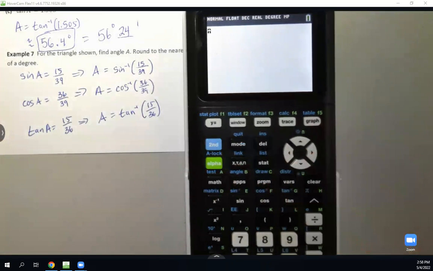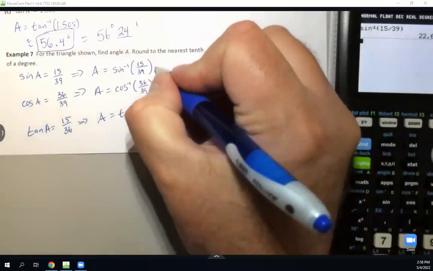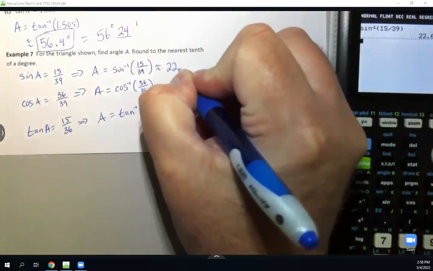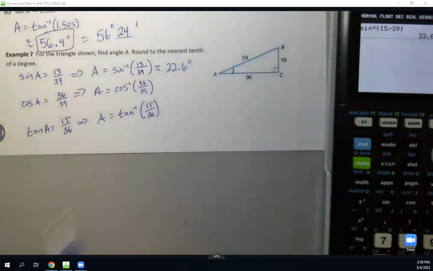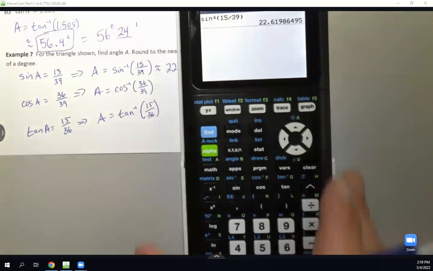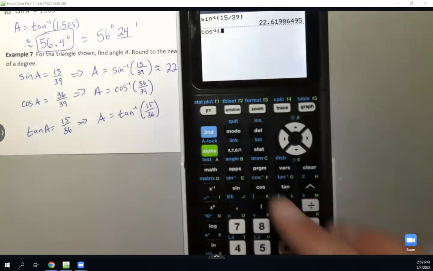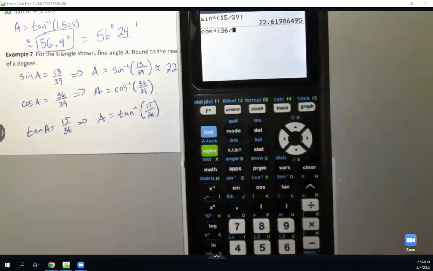So if I do the inverse sine of 15 over 39, that is about 22.6. So this would be about 22.6 degrees if I round to the 10th as I was directed. You with me? If I do inverse cosine of 36 over 39, I get the same thing.